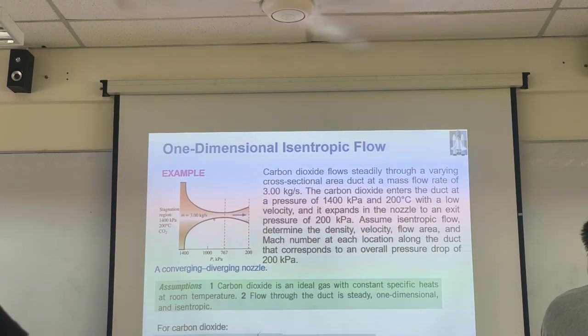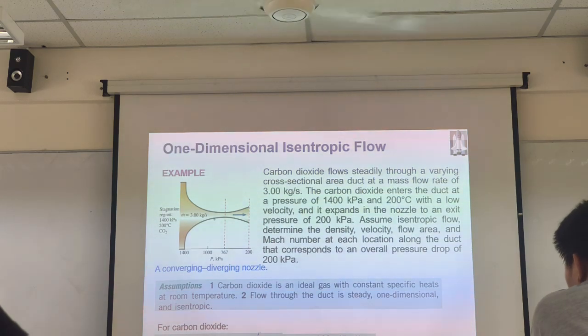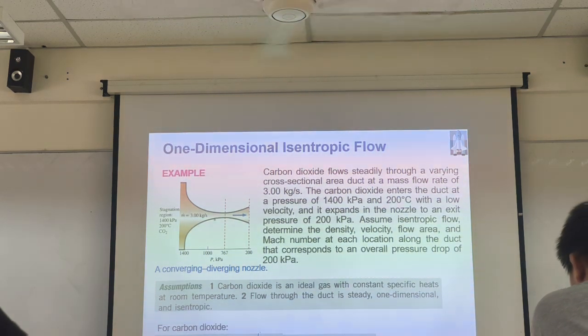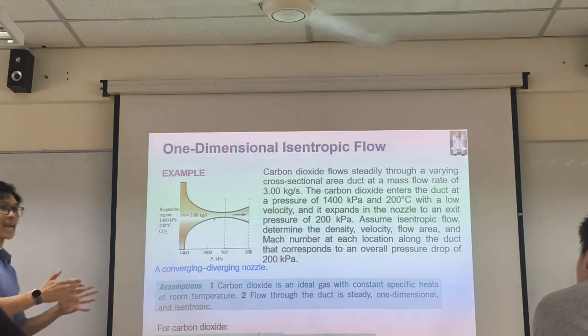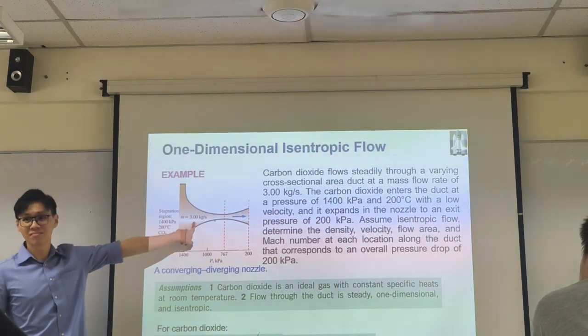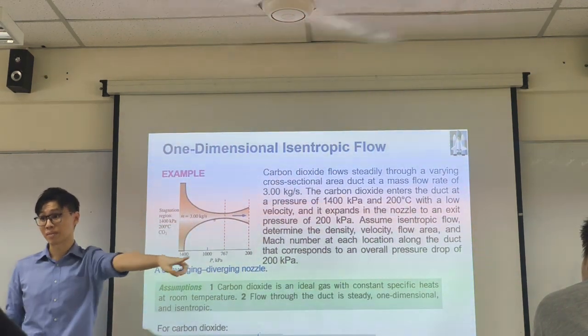Okay, so we use this as an example for calculation. Carbon dioxide flows steadily through a varying cross-sectional area duct at a mass flow rate of 3 kg per second. Just like everything in thermal, this doesn't change. Mass flow is always constant throughout.